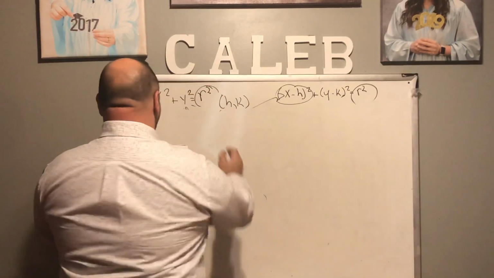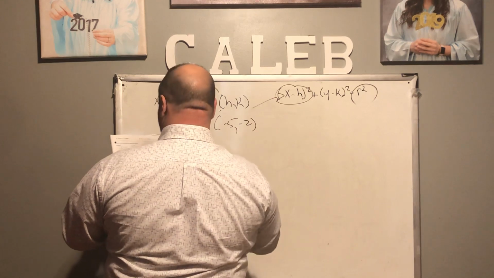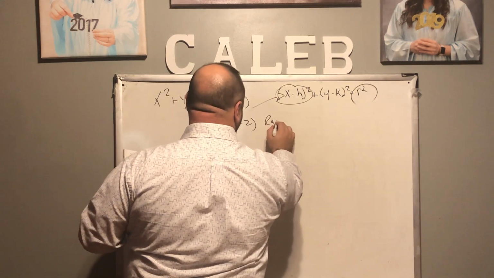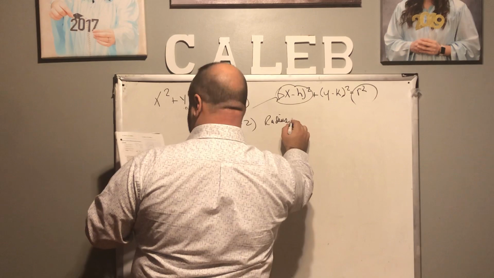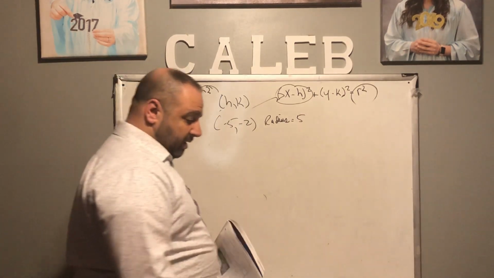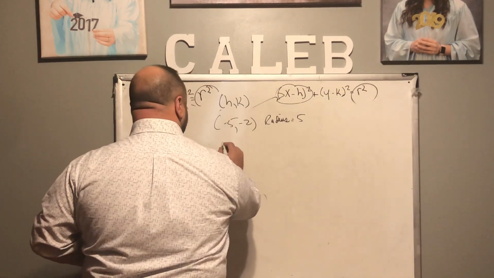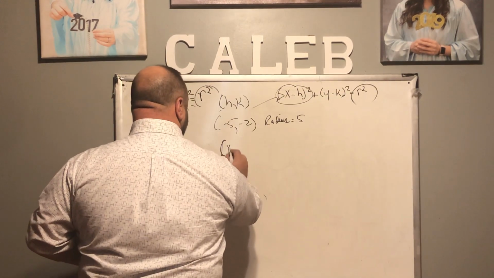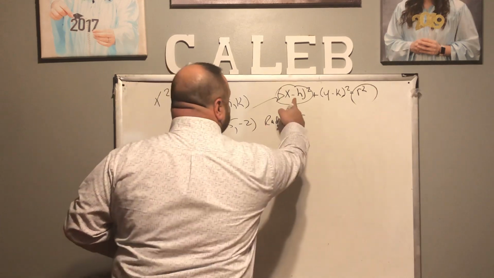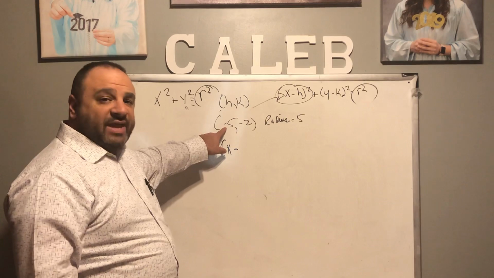For number 4, we have negative 5, negative 2 as our center, and our radius is 5. Let's just plug this in here. Notice we have a minus sign here, and our first number would be represented by h. It's negative 5.